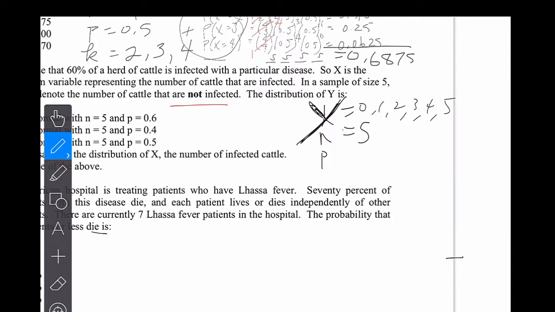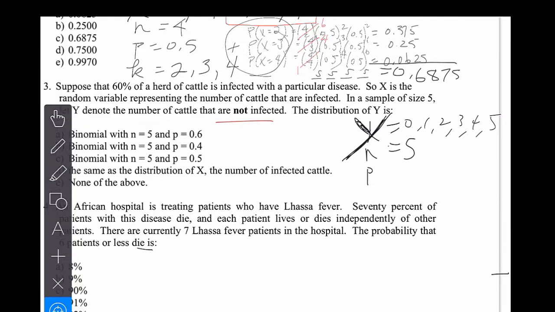Well, if the chance of being infected is 60%, that means the chance of not being infected is 1 minus 60%, so that must be 40%, or 0.4, right?